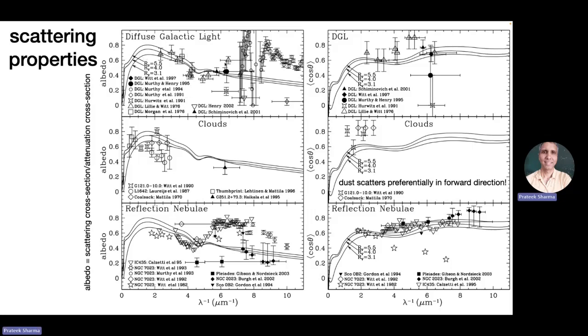Right. So these are observations of albedo. So what is albedo? Albedo is the fraction of scattered light divided by total attenuated light. Attenuated includes both absorption and scattering. So albedo is less than 1.